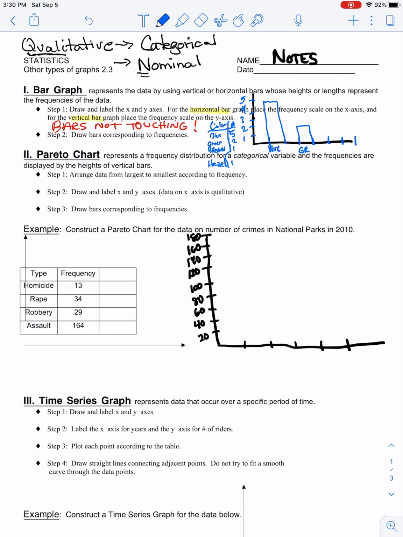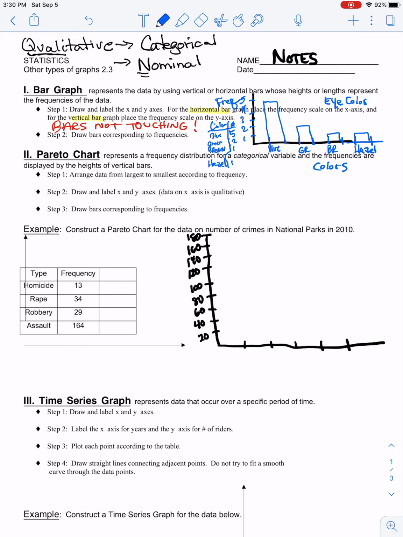We'd write the word green underneath. Skip a space and we would have 1 for brown. Skip a space, and I think I put in a 1 for hazel. And you would put up here a title, eye color, over here frequency, and down at the bottom maybe you'd write colors. Okay, so that's a little bar graph.